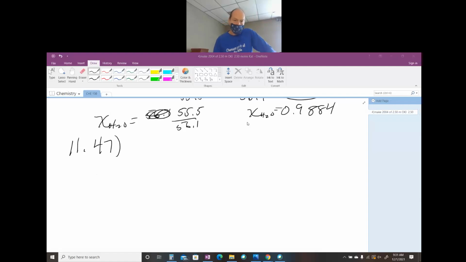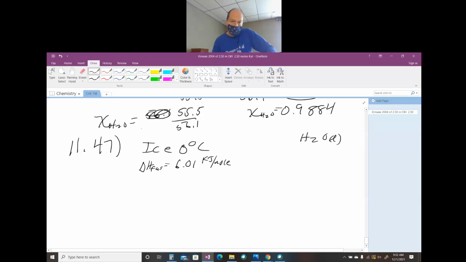All right, 11.47, we have ice at 0 degrees Celsius. And the delta H of fusion is given, and that is 6.01 kilojoules per mole. Right, so that's the heat of melting, the heat of fusion. And then we are going to have water, liquid.